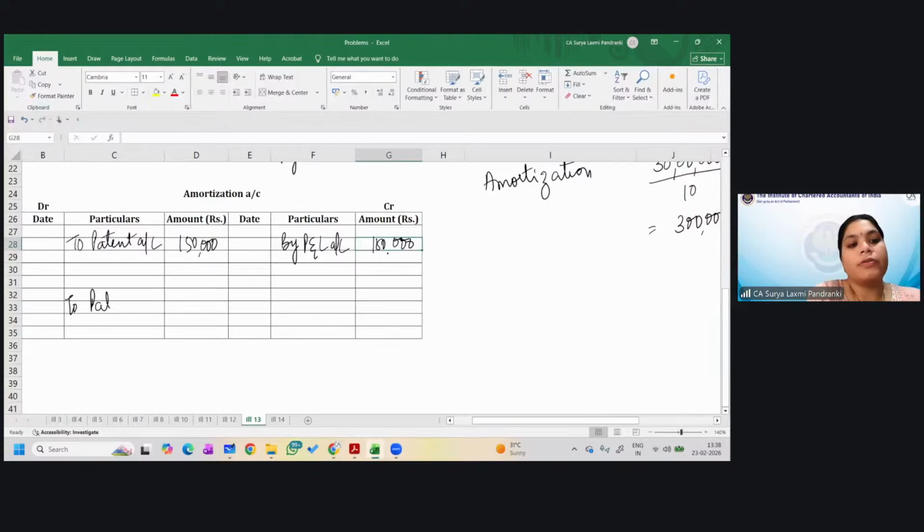To patent account 3 lakhs by P&L account 3 lakhs. Right? So this is on 31st December 2021 and this is on 31st December 2022.